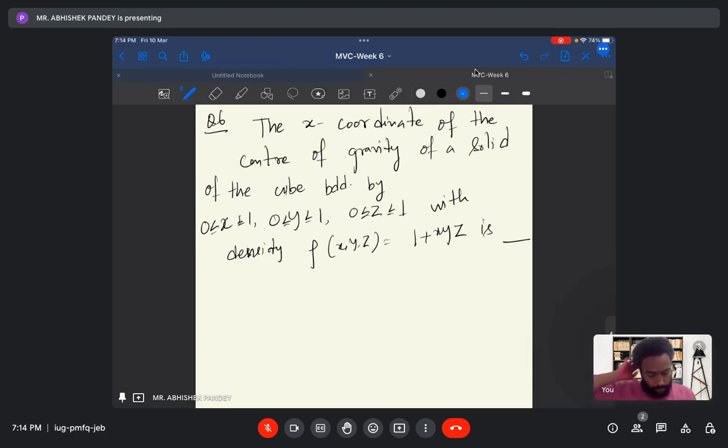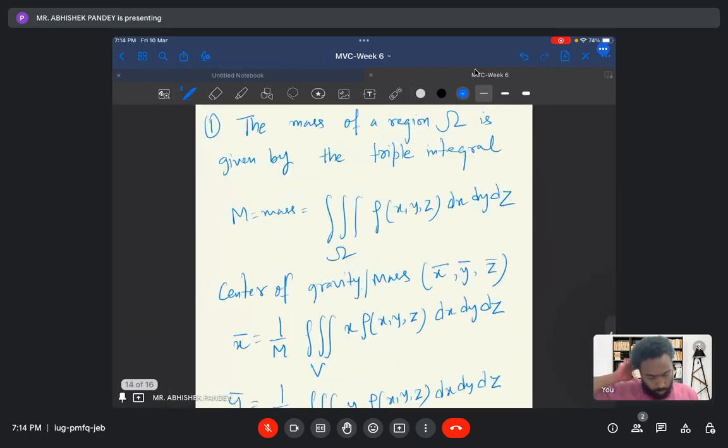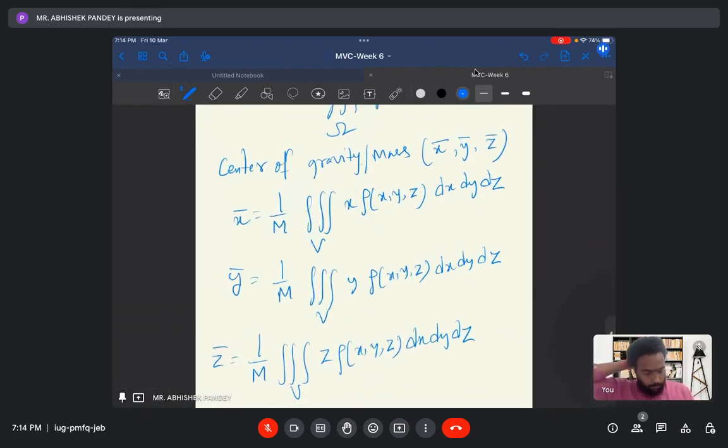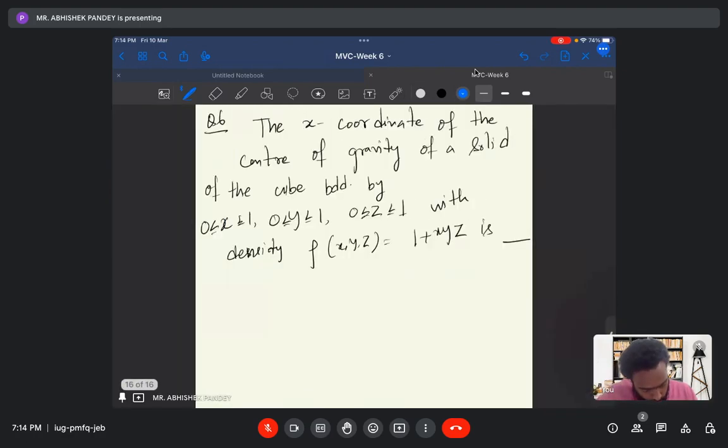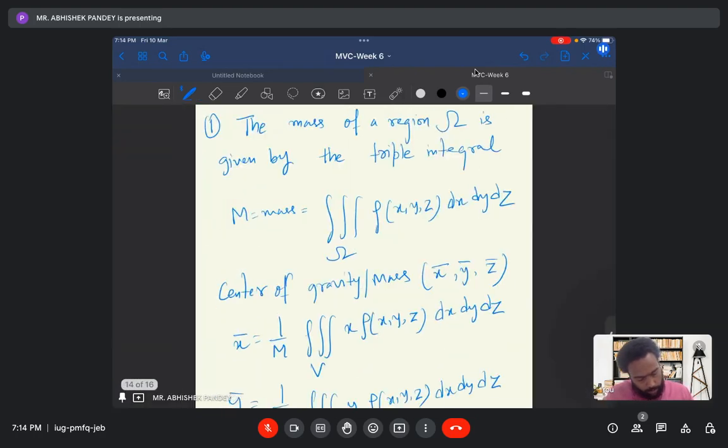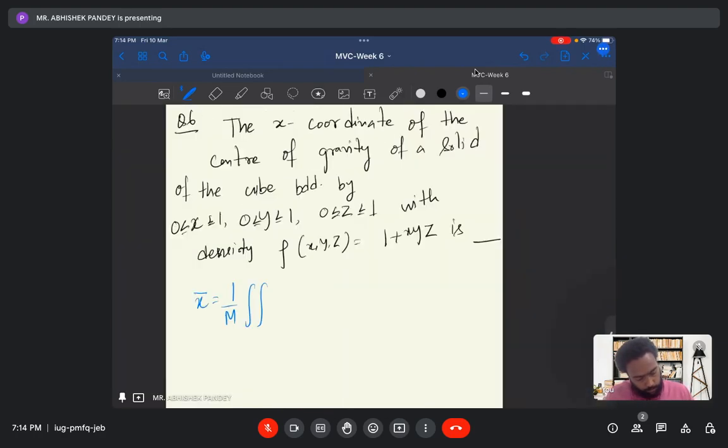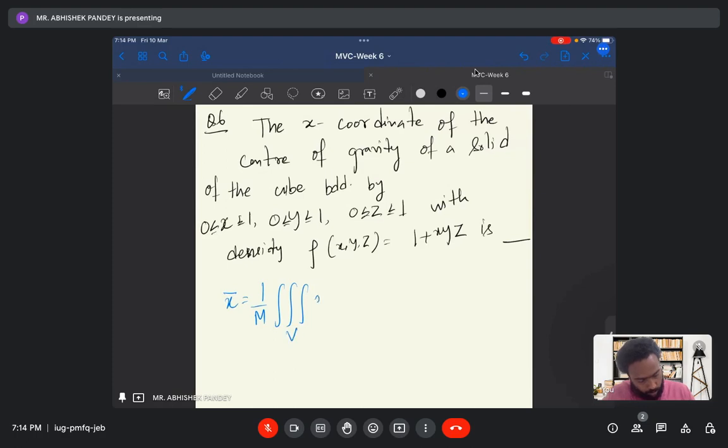I have written the formula for this one. The x coordinate is 1 by m triple integral over V of x times rho of x y z, which is 1 plus x y z, dx dy dz.